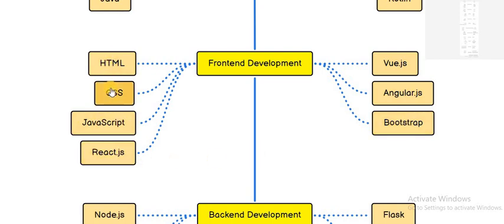But HTML and CSS are the foundation of any web page. So I suggest you start with HTML and CSS and after that JavaScript and all the other frameworks that create dynamic and interactive web pages. So start with HTML, CSS and after that JavaScript.